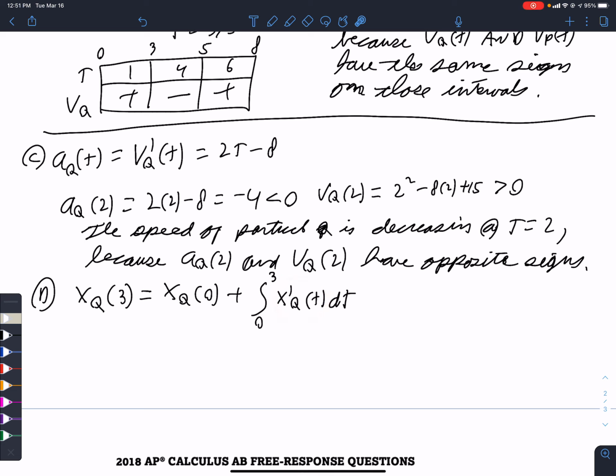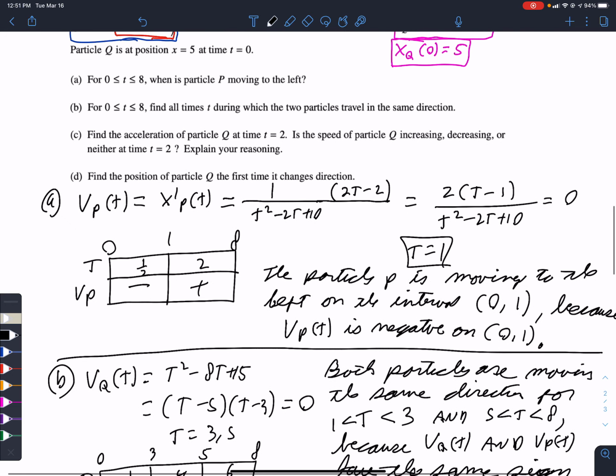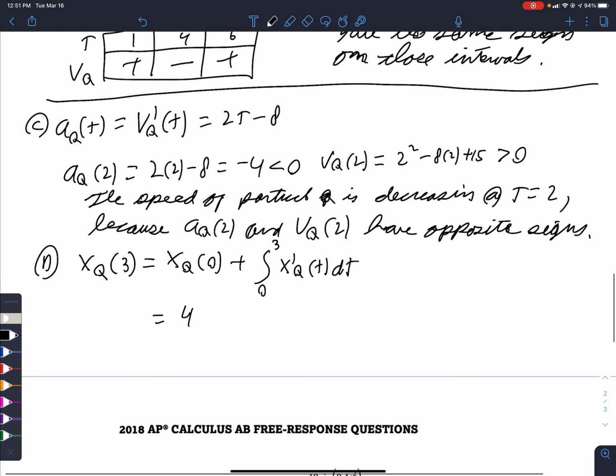And just like we've been doing, this is the fundamental theorem of calculus. This is something you've been doing with accumulation. You take your starting amount plus the change in x to give your final x. Well, what's the starting? I believe it was 4, wasn't it? Oh, 5. Bad, Yoshida, bad. 5 plus x prime Q, which is VQ.